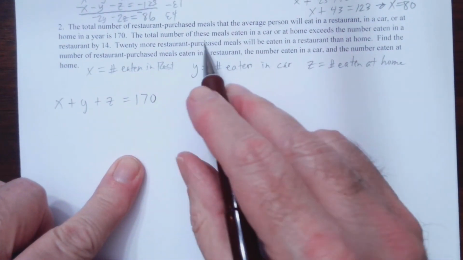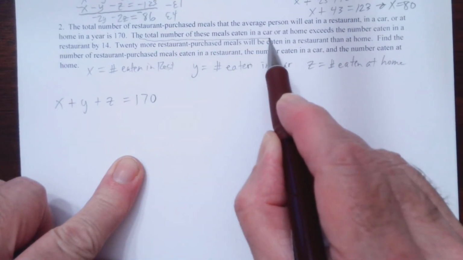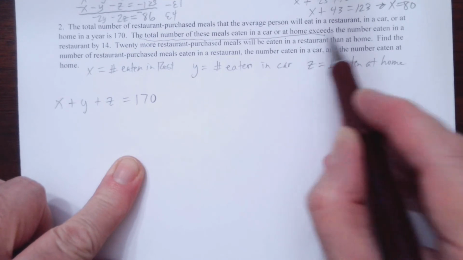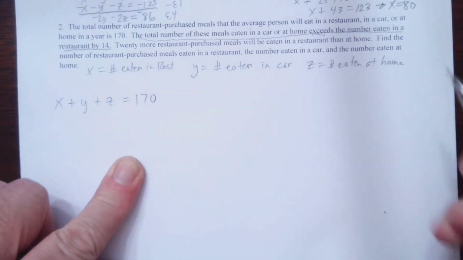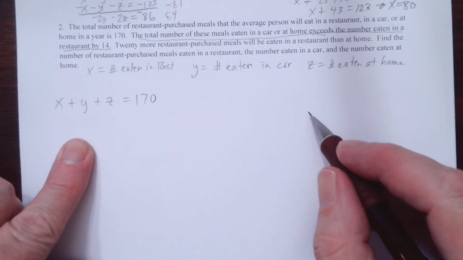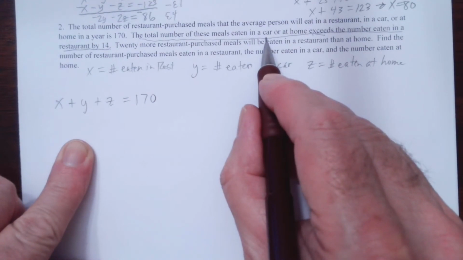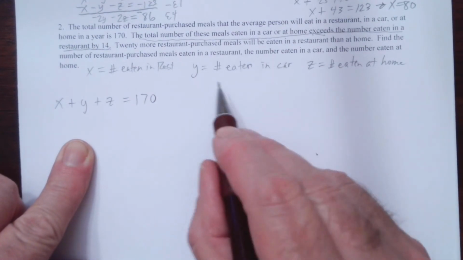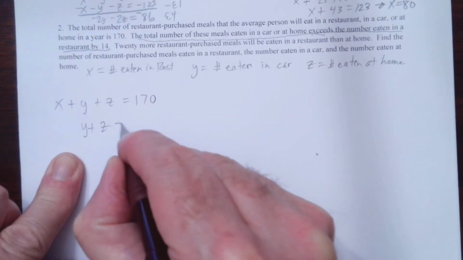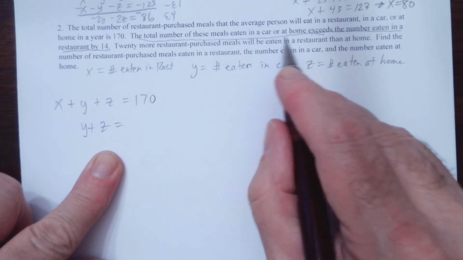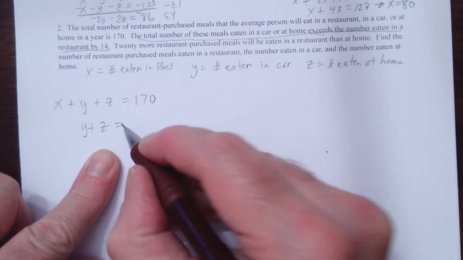Then it says the total number of these meals eaten in a car or at home exceeds the number eaten in a restaurant by 14. So the total number of these meals eaten in a car or at home, that's Y plus Z. The total eaten in a car or at home exceeds the number eaten in a restaurant by 14.